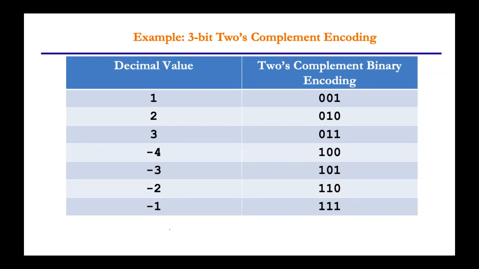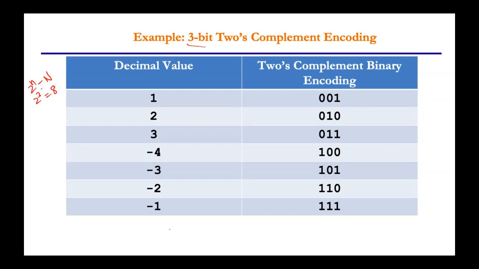Coming to the negative numbers, for the two's complement binary encoding, adding the sign digit, we use the formula 2 to the power of n minus capital N. Here we are using 3 bits, so 2 to the power of 3 is equal to 8, right?